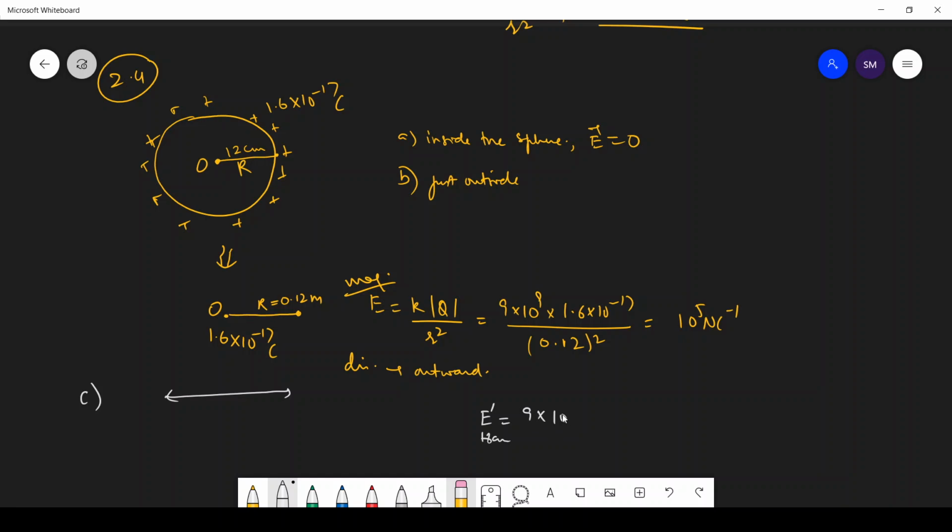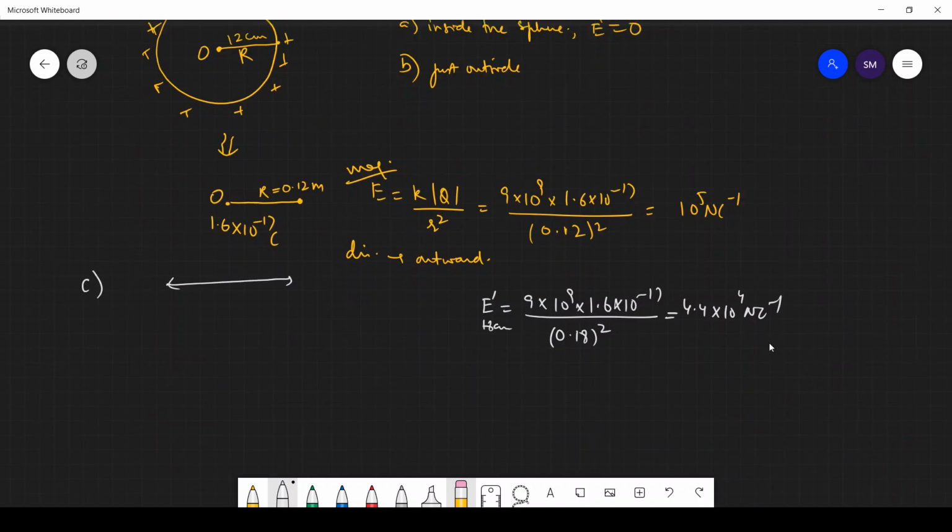So 9 into 10 to the power 9 into 1.6 into 10 to the power minus 17 divided by 0.18 whole square. When you find this, you will find the answer to be 4.4 into 10 to the power 4 Newton per coulomb. So that's the concept, students. I hope you have got it.